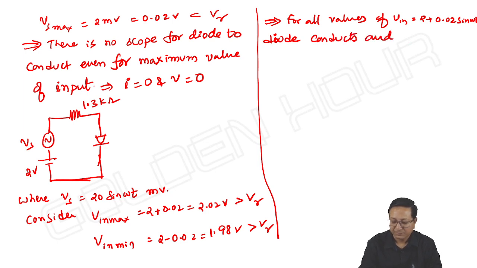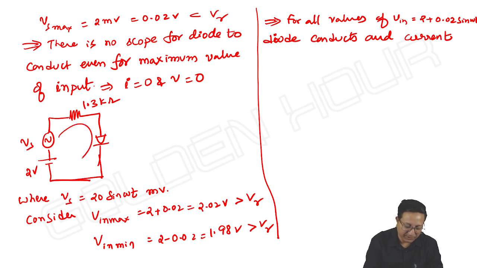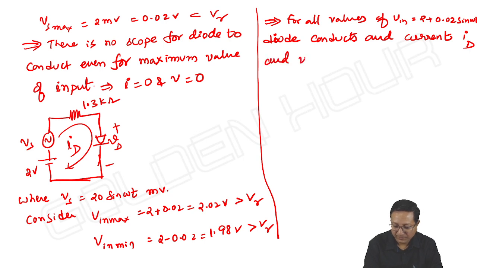Let me take the current as ID and the voltage as VD.